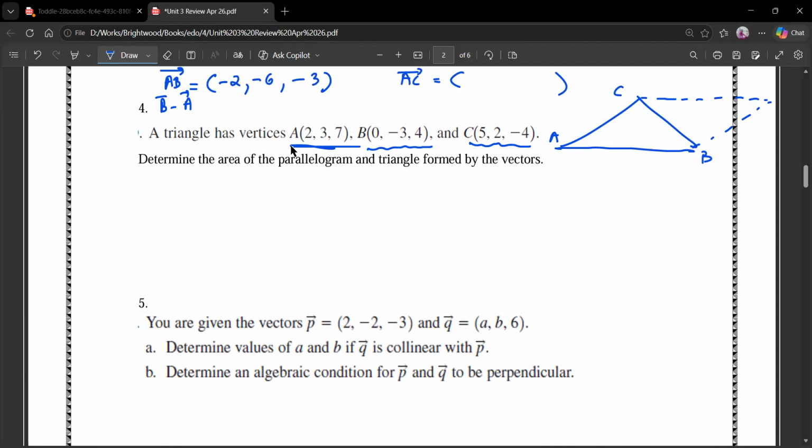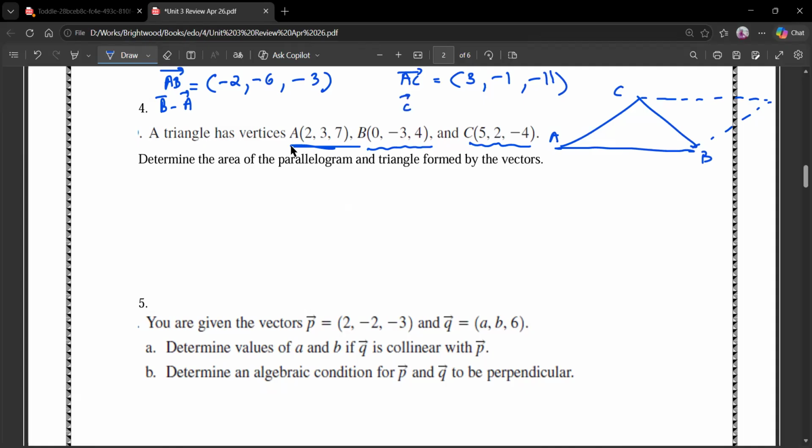AB is that. AC is C minus A: 5 minus 2 is 3, 2 minus 3 is negative 1, negative 4 minus 7 is negative 11.